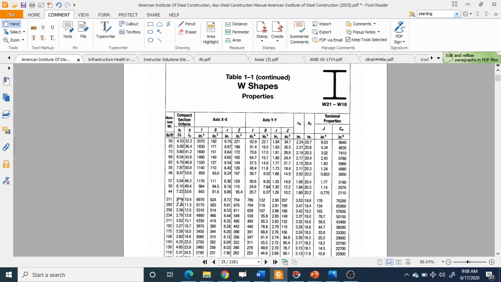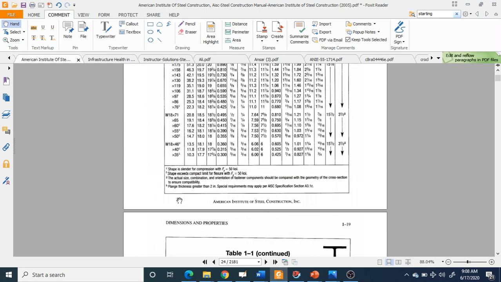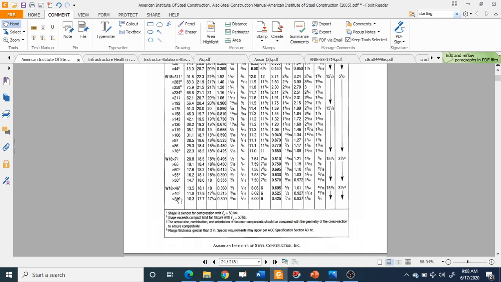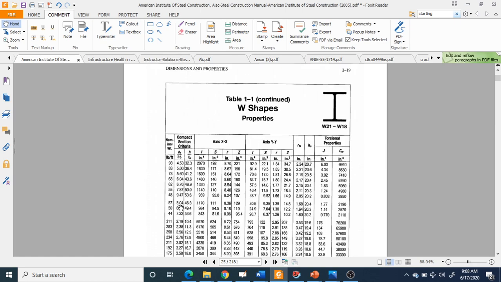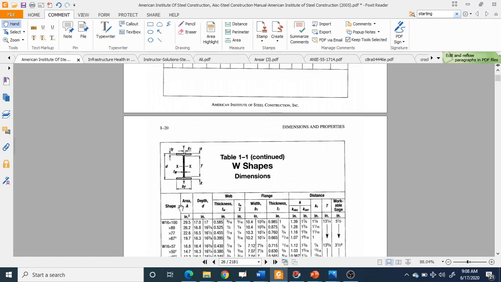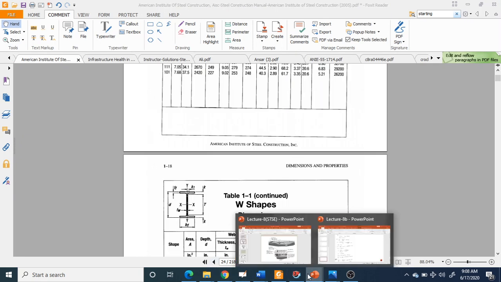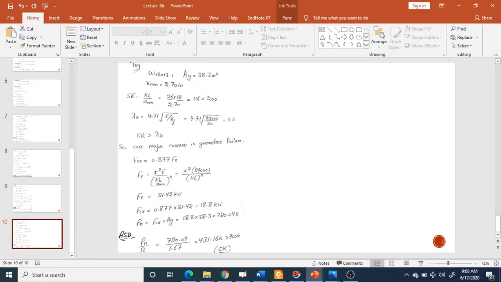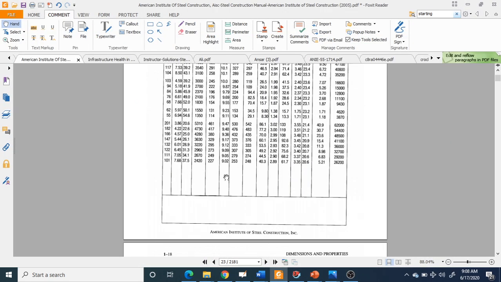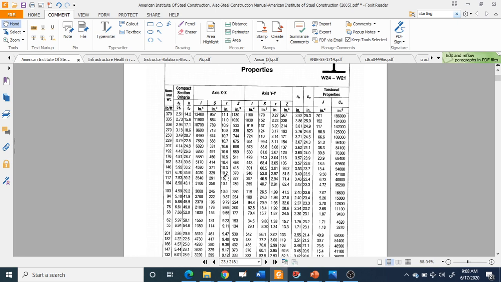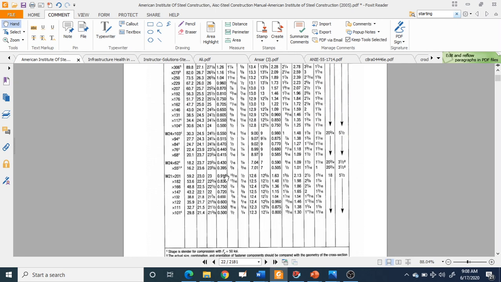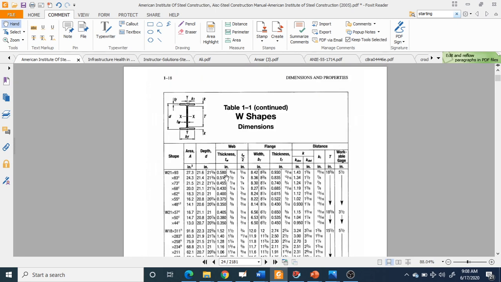Okay, I am unable to find the W18 into 13. I don't know. It must be W18 into 31. It should be wrong. It is W18 into 31, I think.